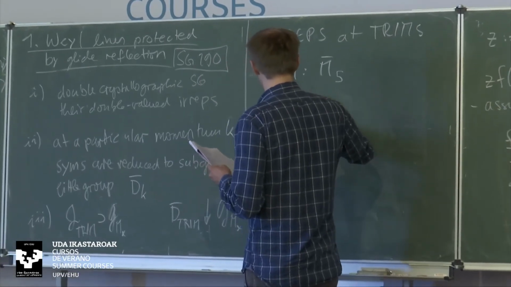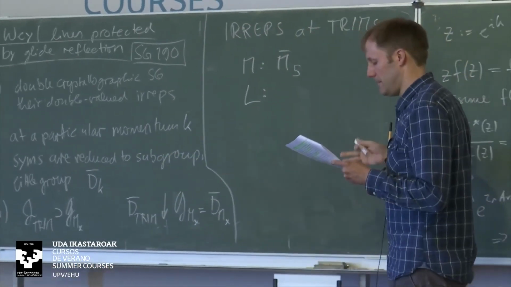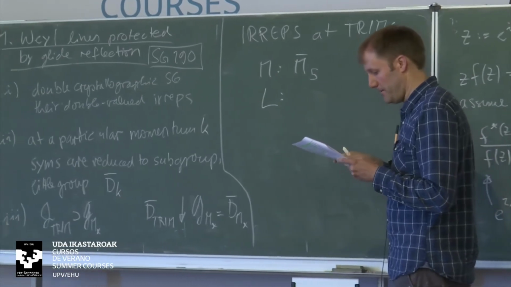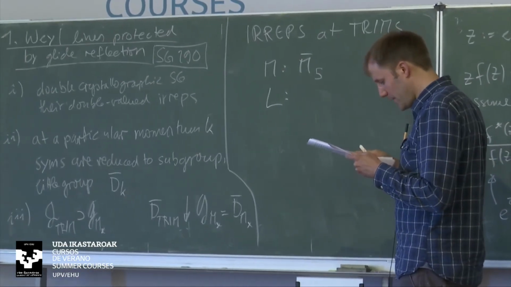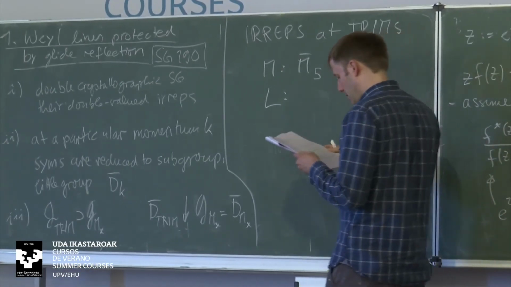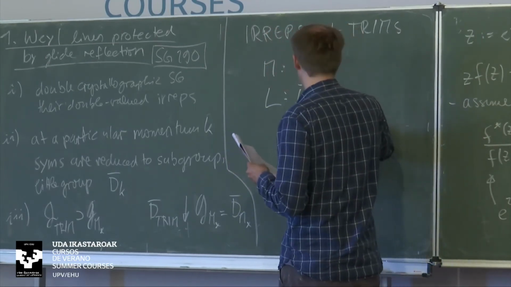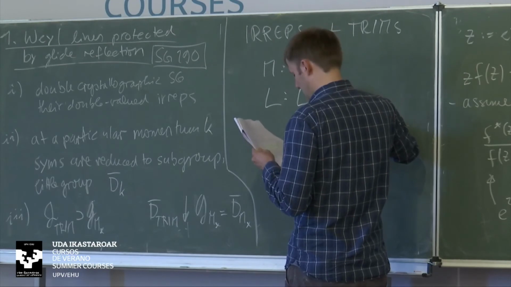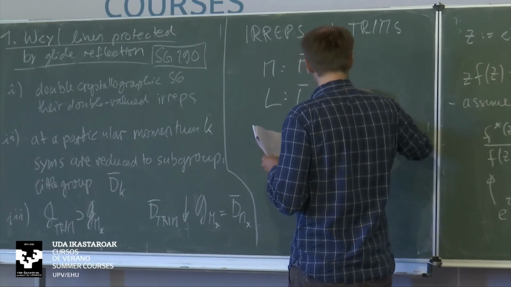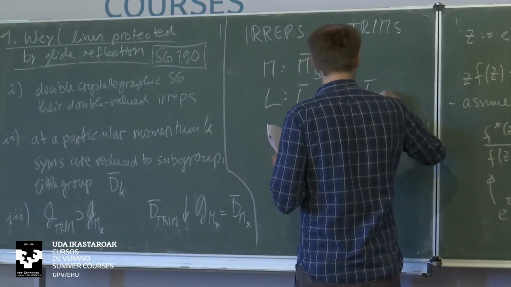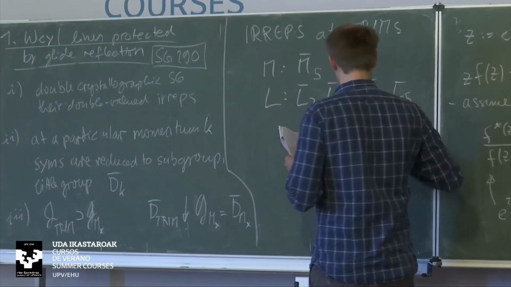And at the L point, I have to form time reversal invariant irreps by pairing up complex conjugate pairs. So I have to take L2 bar with L3 bar and L4 bar with L5 bar.